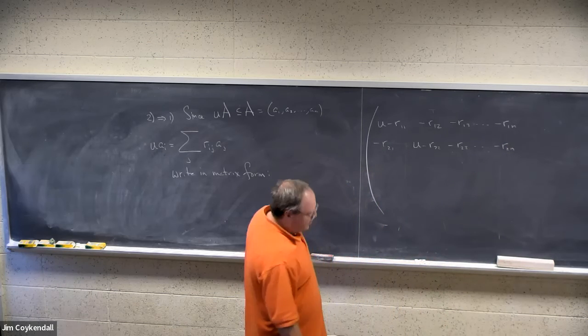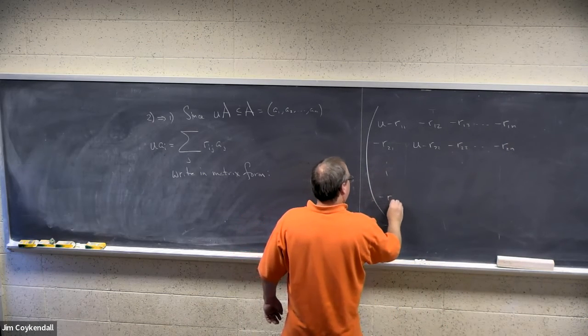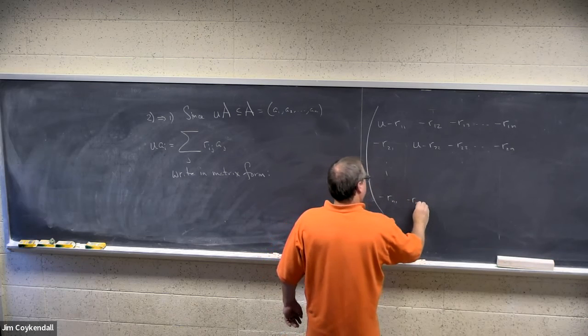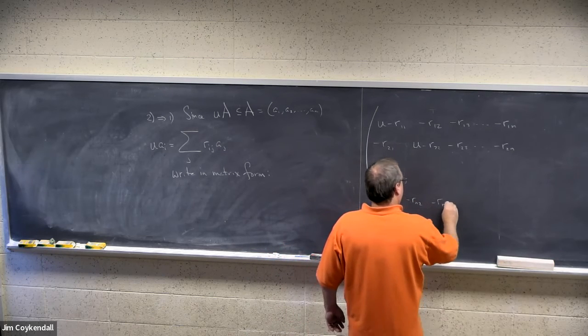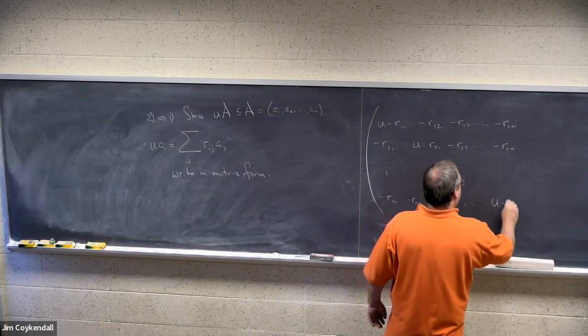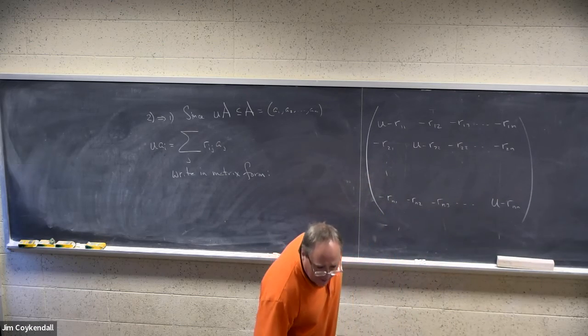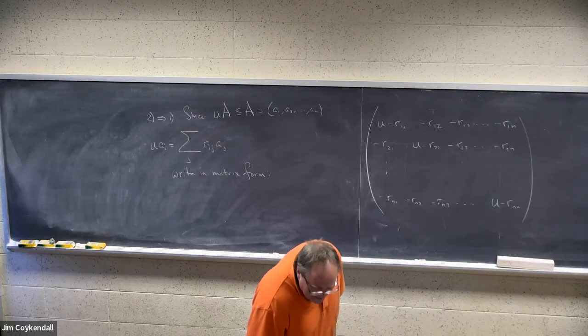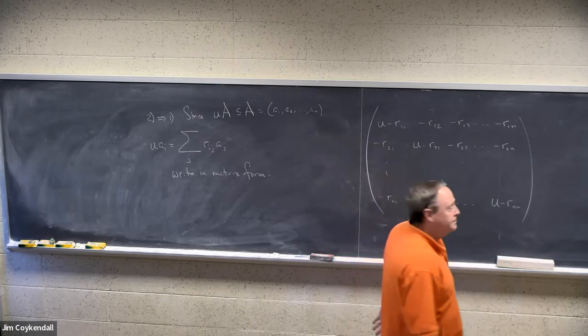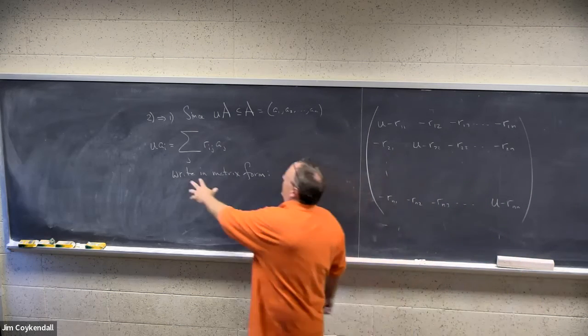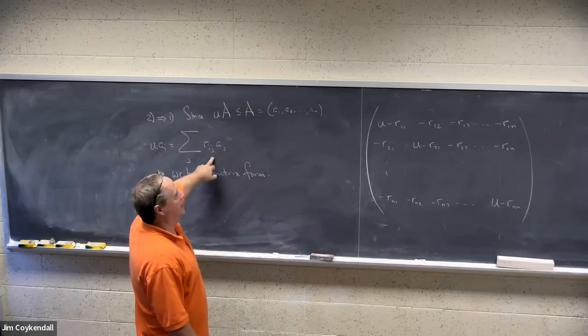And finally, the bottom row is minus rn1, minus rn2, minus rn3, up to U minus rnn. Agree? I mean, you can just rewrite these equations this way, and that's exactly what you get.